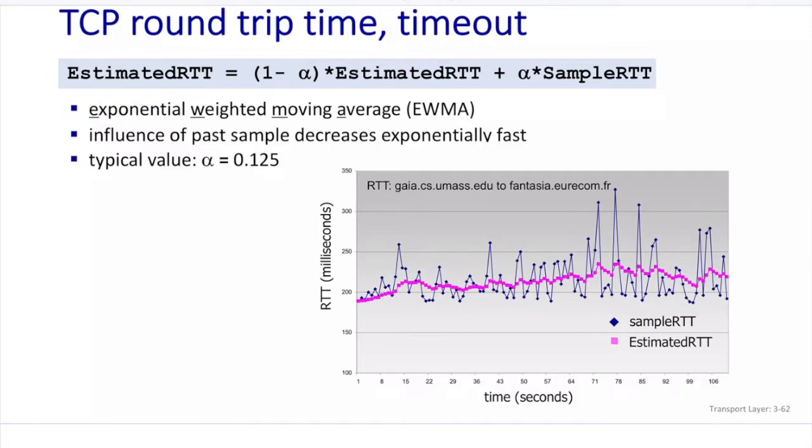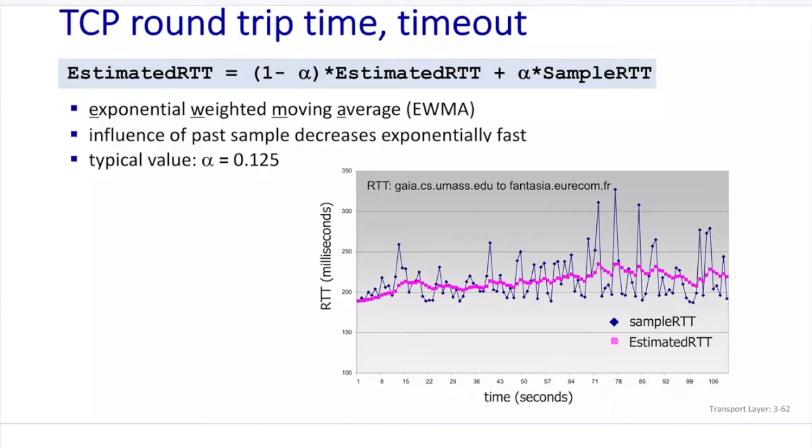Because of the routers' buffer sizes, queuing delay, and lots of different delays, the values vary. The sampled RTT, the blue dots, is sometimes lower than 200 milliseconds, sometimes even higher than 300 milliseconds, right?